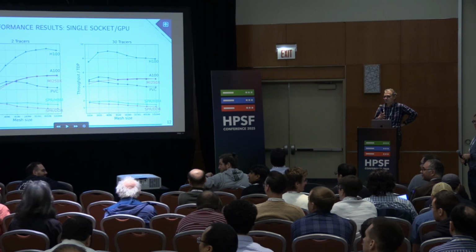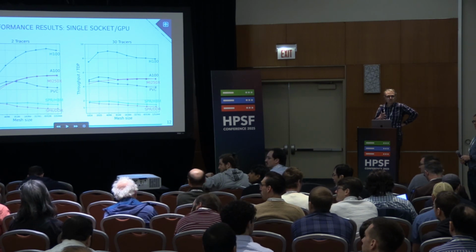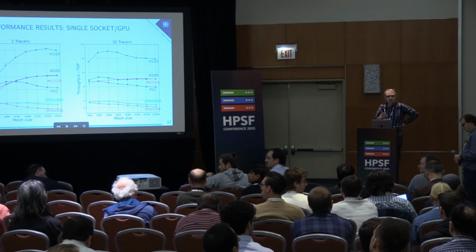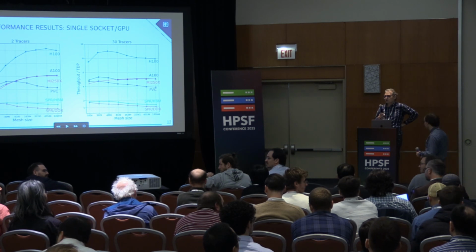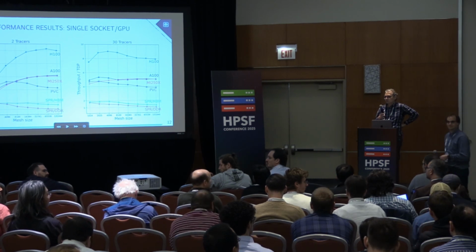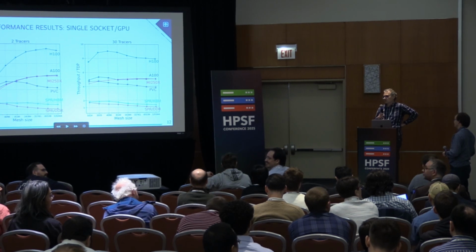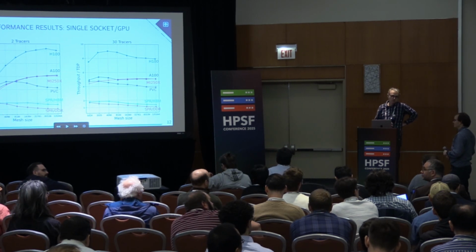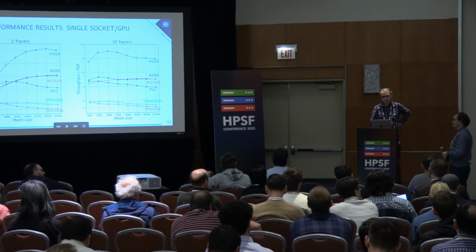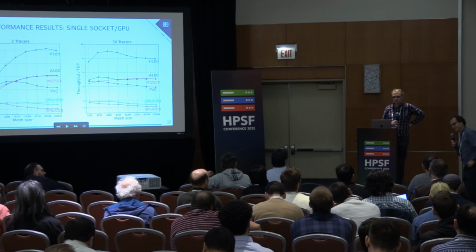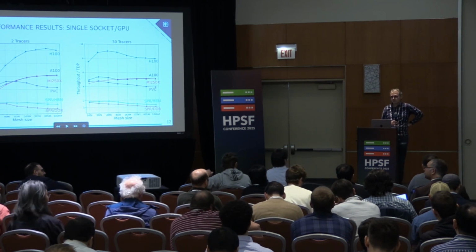Okay. Is this a backend issue? Is it specific to the CUDA backend, versus the OpenACC backend or whatever? Most of them are bad. Yeah, I think we got the best speed-ups for HIP. He said HIP has the most impact.